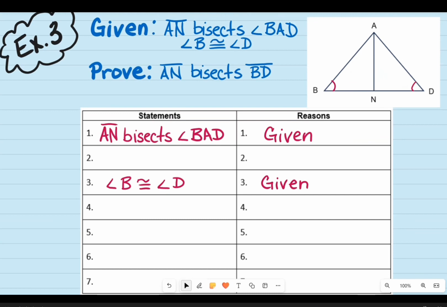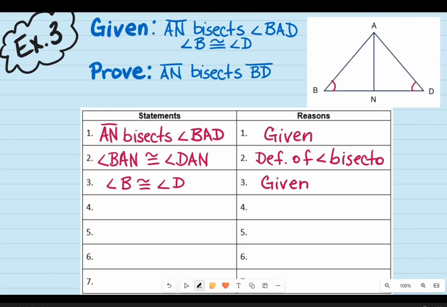So based off of statement 1, I know that angle BAN is going to be congruent to angle DAN. And the reason will be because of the definition of an angle bisector. Statement 1 already told me that segment AN bisected the bigger angle, angle BAD. So that was the definition of an angle bisector.